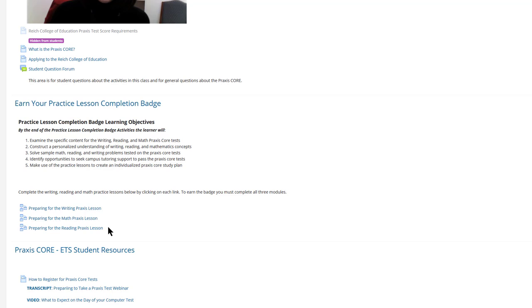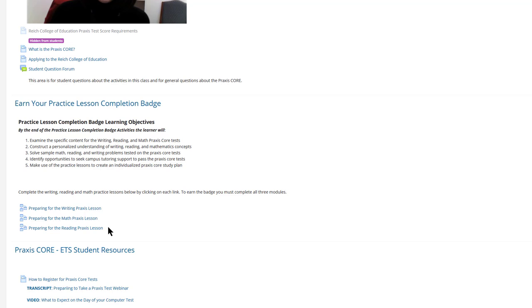Okay. So the objectives of these 3 lessons is to give you exposure to some specific ETS Praxis content in each of the tests for writing, reading, and math. You're going to create a personalized viewpoint of where you need to study for each of the 3 tests.